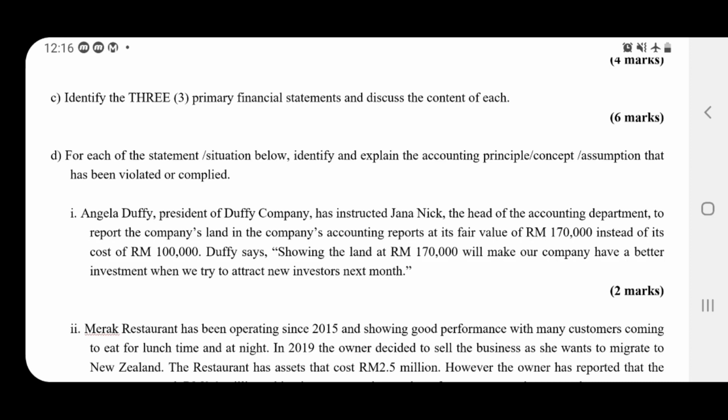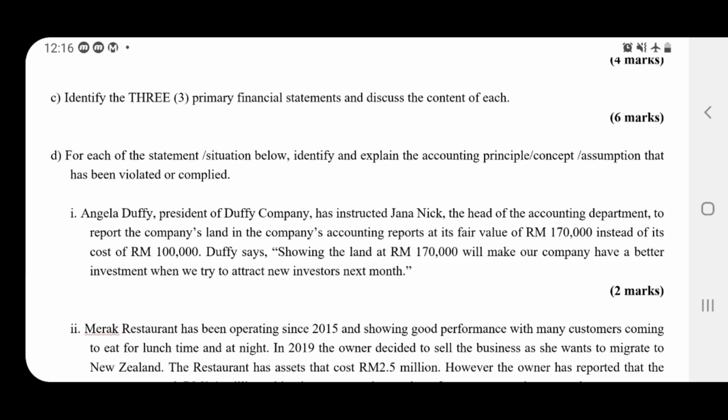So let's see. The 3 primary financial statements that I can remember are income statement, balance sheet, and cash flow statement. Okay, and then the content.